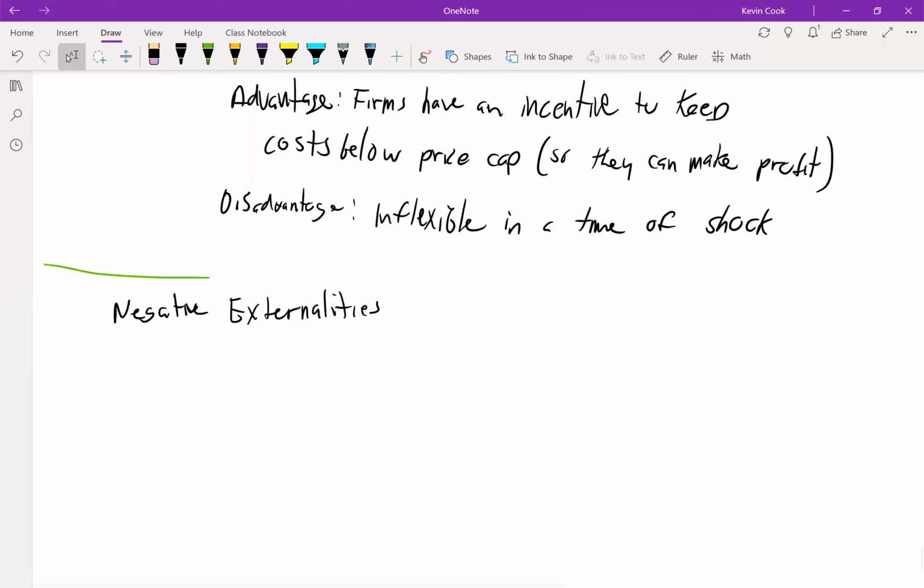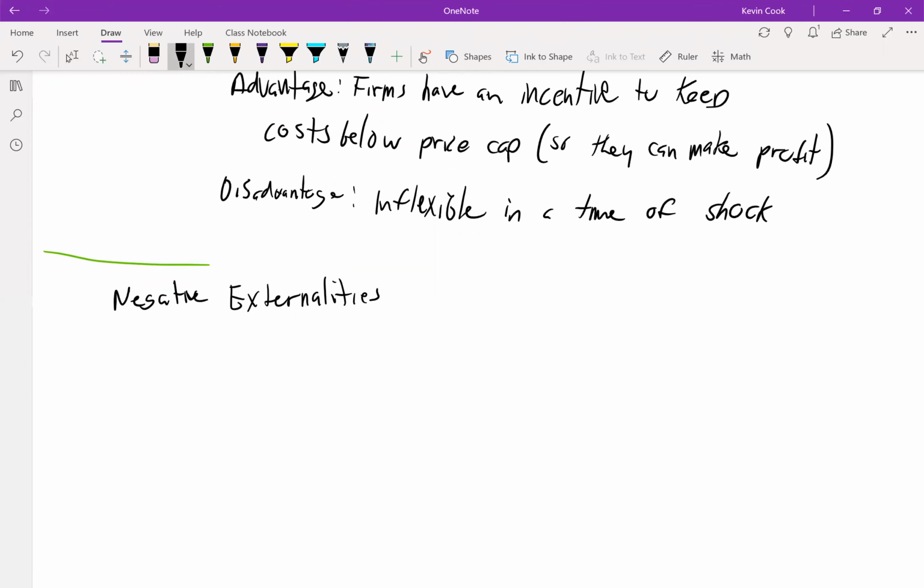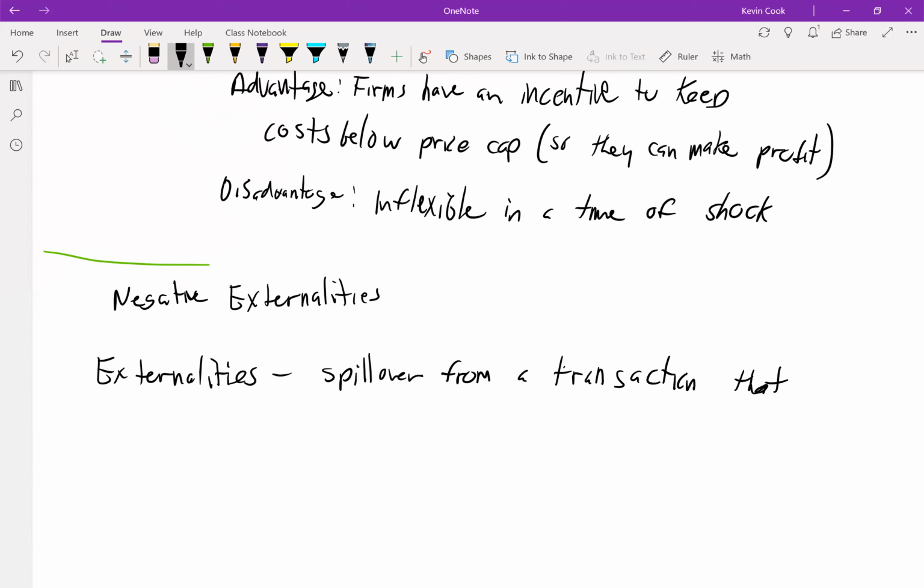And what these largely looked at is externalities, which we may call spillover from a transaction that affects, either good or bad, a third party.